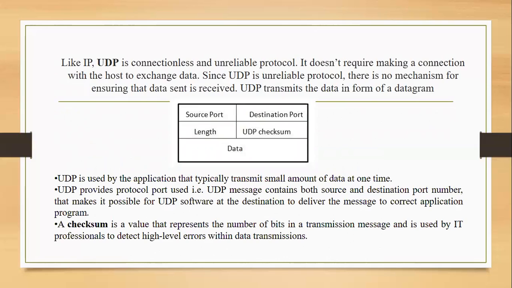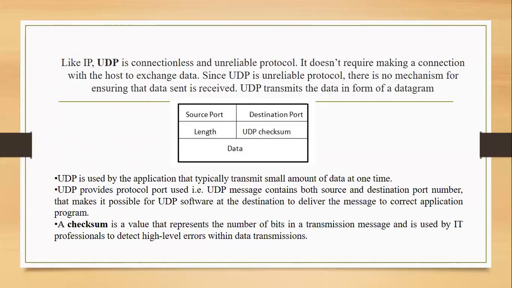Now, the next is the UDP protocol. It is also similar to Internet Protocol. That means it is also a connectionless and unreliable protocol. It does not require making a connection with the host to exchange data.